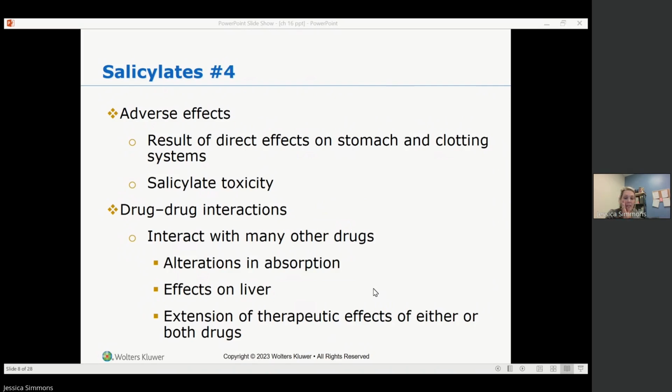Signs of salicylate toxicity include hyperpnea, tachypnea, hemorrhage, dehydration, excitement, confusion, pulmonary edema, convulsions, tetany, metabolic acidosis, electrolyte imbalances, fever, coma, cardiovascular, renal, and respiratory collapse. So salicylate toxicity is very dangerous to our bodies, and it will kill someone.